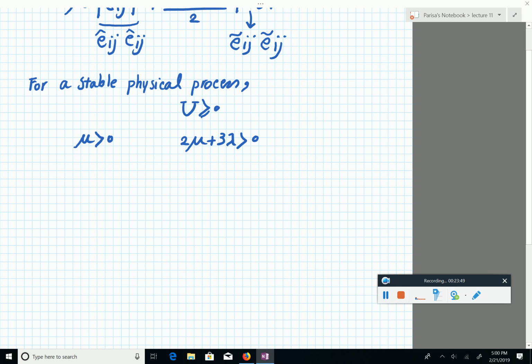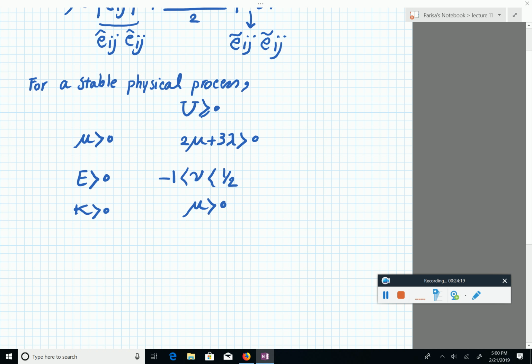And then in terms of E and Poisson's ratio, that implies that E should also be positive, but Poisson's ratio can vary between -1 and 0.5. And in terms of kappa and mu, kappa has to be positive, mu also has to be positive.